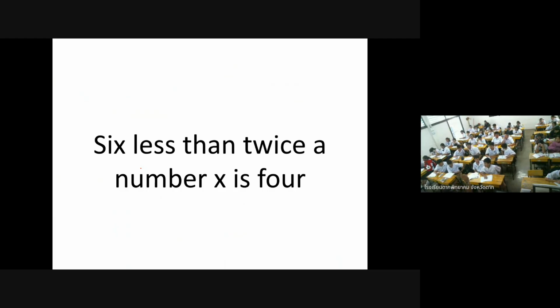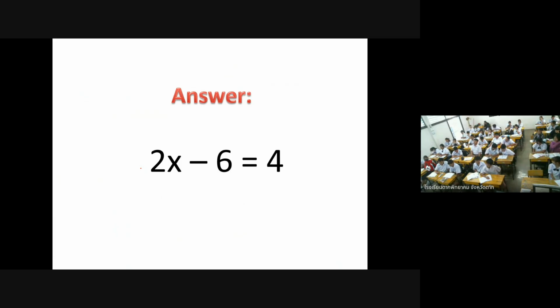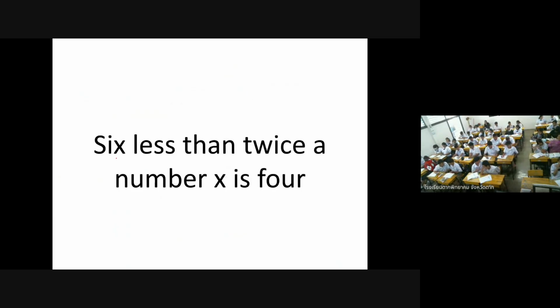Okay, everyone wants the answer? Come on up. Very good. So x minus 6 equals. Less than means minus 7, switch the order.